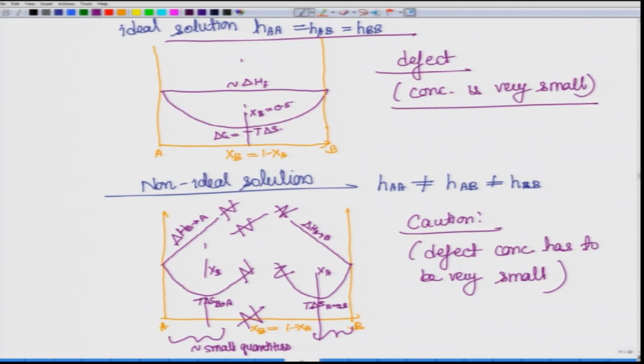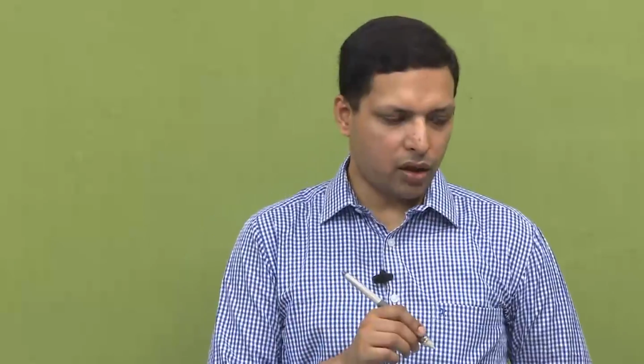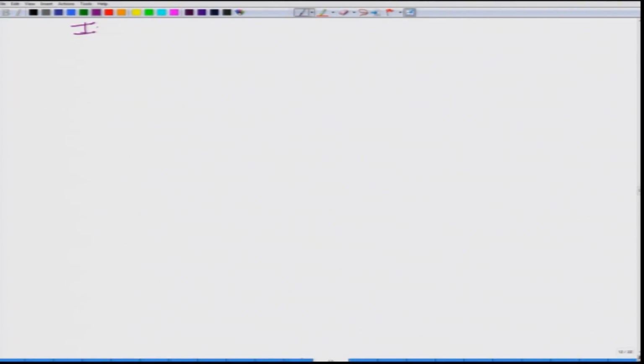Okay, so with that we will move on to another kind of impurity, the interstitial. Substitution, sorry, we have already looked at substitutional, now we will look at interstitial impurity. We saw some of the characteristics: it is easy to find a site because all the sites are available, and it is easy to move because there are almost all vacancies everywhere.